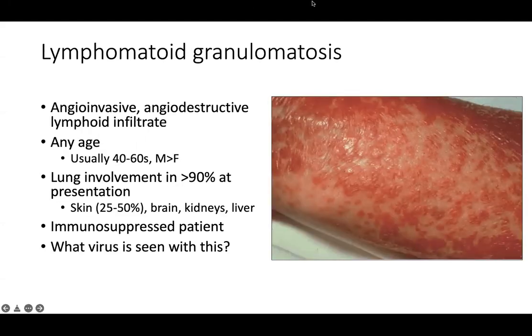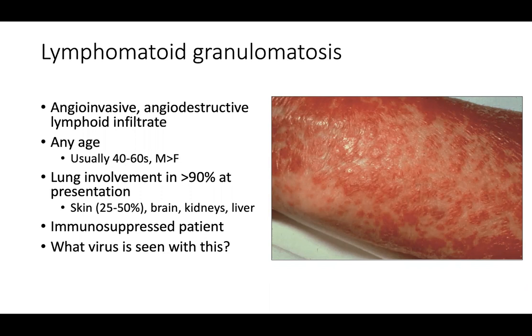Moving on to an entity known as lymphomatoid granulomatosis. This is an entity that is known to be angioinvasive as well as angiodestructive. It can occur at any age, but usually it peaks in the 40s to 60s demographic, typically males greater than females. Lung involvement is present in 90%.